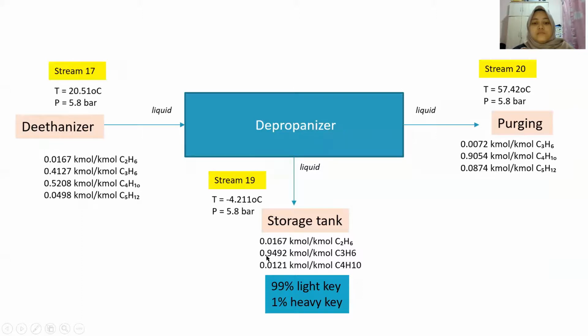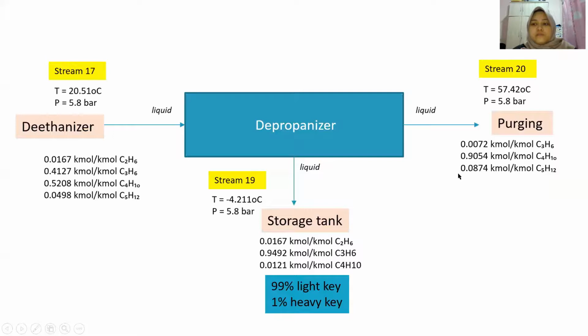Here we got 0.95 of propylene, so we will sell propylene. 1% of the heavy key, which is butane, is removed here. This is the overhead stream, and the bottom stream will go to the purging.